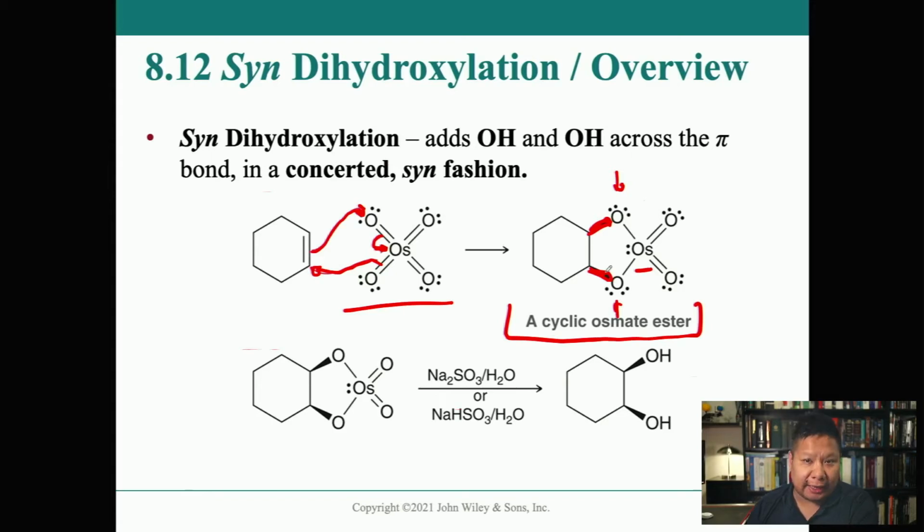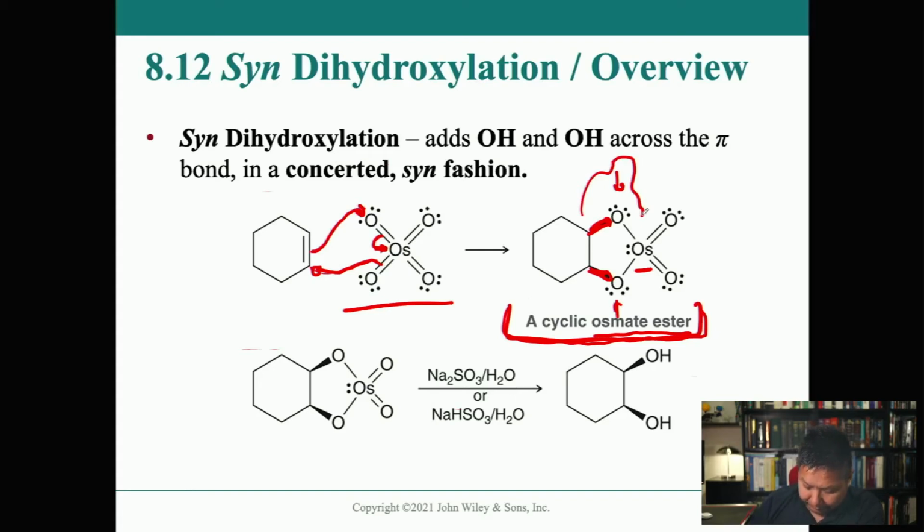In contrast to the anti addition, the dihydroxylation is syn. So this molecule here is the cyclic osmate ester. So not the epoxide, but an osmate ester. That's that part right there.